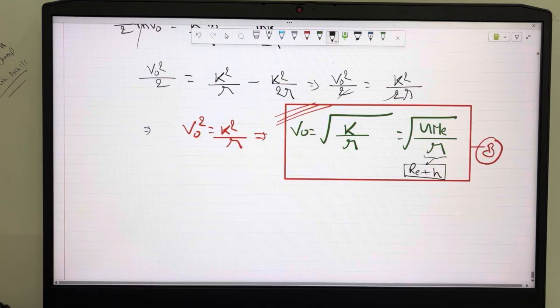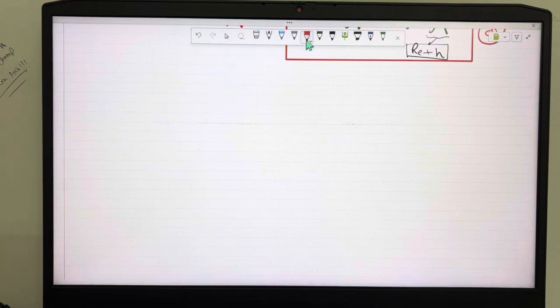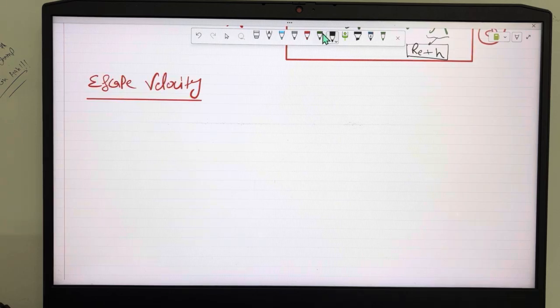Remember this. Now write one more topic, escape velocity. That means at which velocity one satellite or one rocket can escape from one orbit to another orbit, that is called your escape velocity, right?